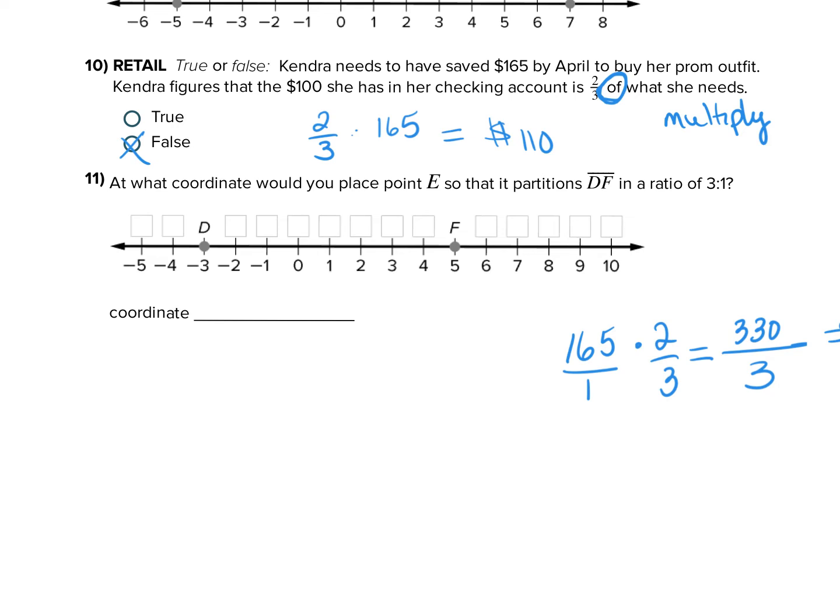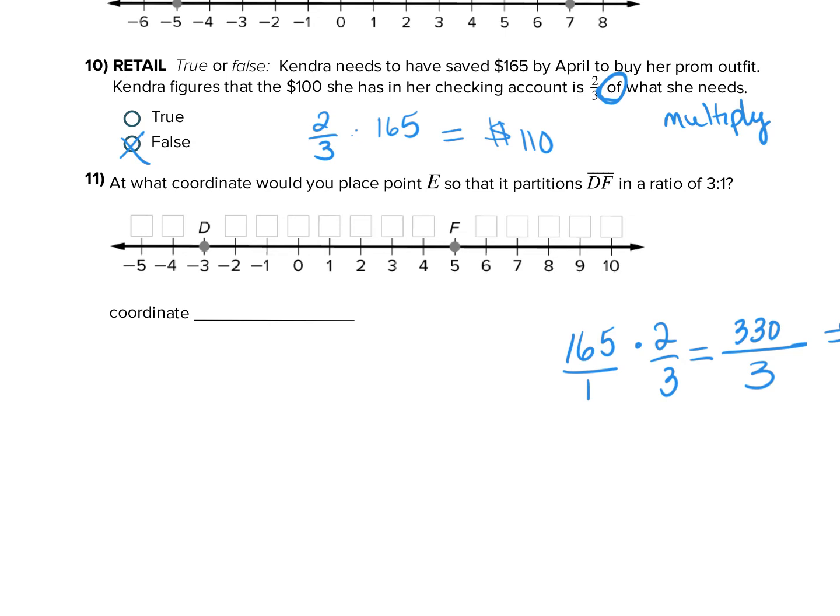Now, there is a separate video on partitioning line segments into ratios, okay, that goes more in depth. So if you need additional review other than this explanation, please be sure to go check that out.